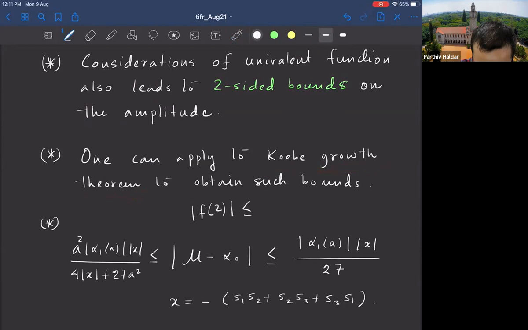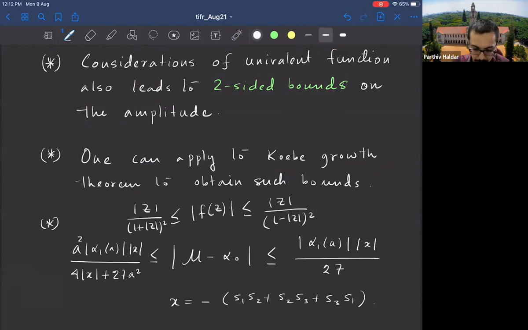So this was of this form. The Koebe growth theorem is of this form, and it essentially leads to a two-sided bound.